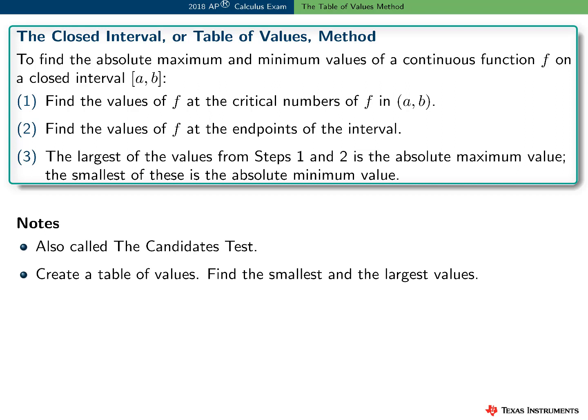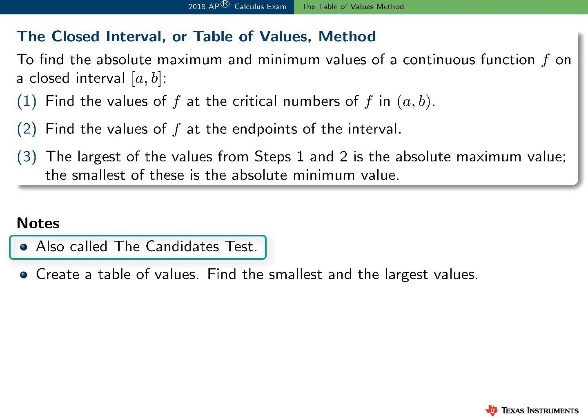Finally, here's a statement of the closed interval or table of values method. In order to find the absolute maximum and minimum values of a continuous function f on a closed interval a to b, first find the values of f at the critical numbers of f in the open interval a to b, find the values of f at the endpoints of the interval, and then the largest of the values from these two steps is the absolute maximum value, and the smallest of these is the absolute minimum value.